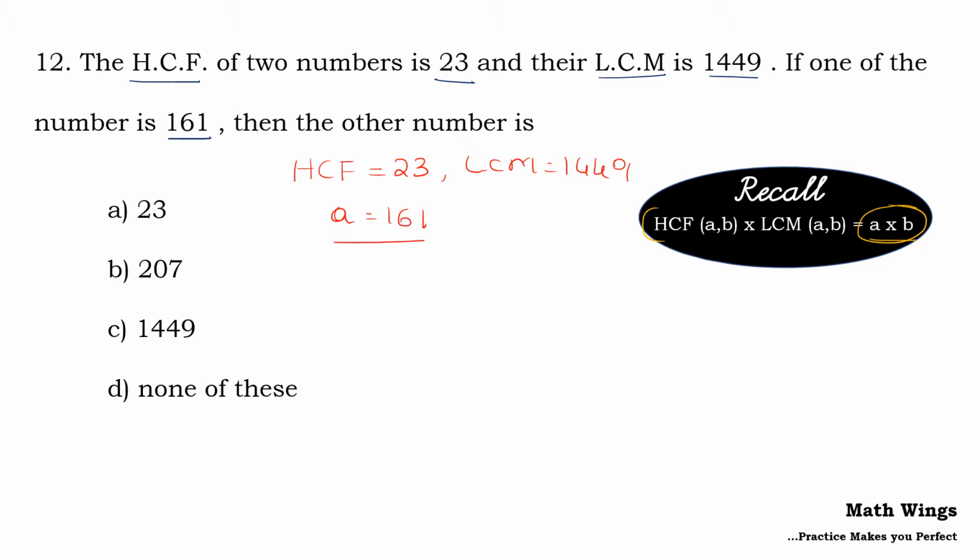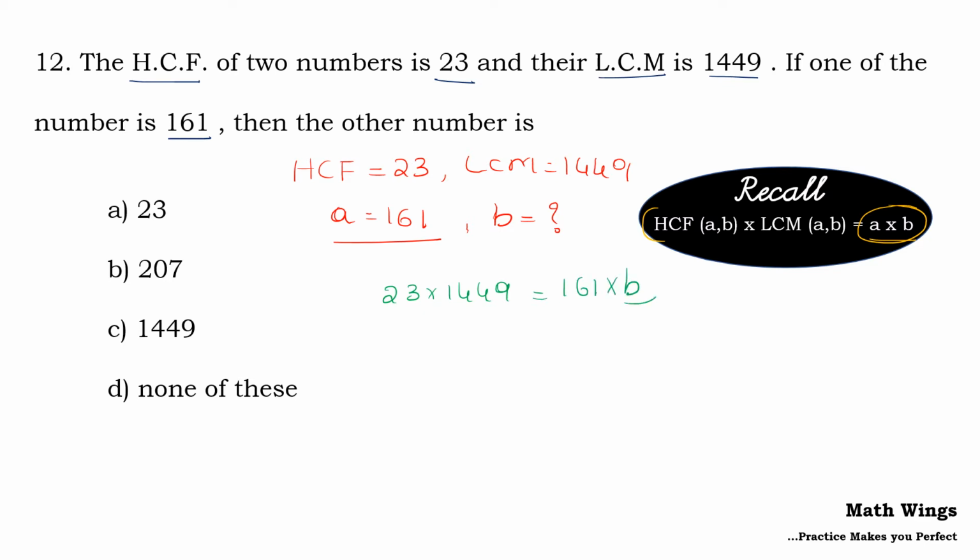So let us take A is equal to 161 and keep B as unknown. When we apply this concept, we can write 23 into 1449 is equal to 161 into B.